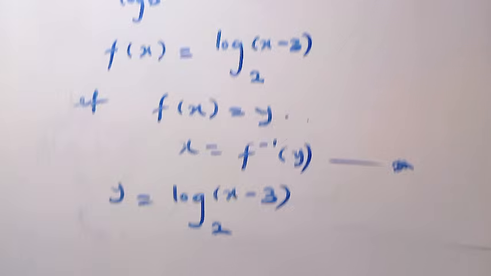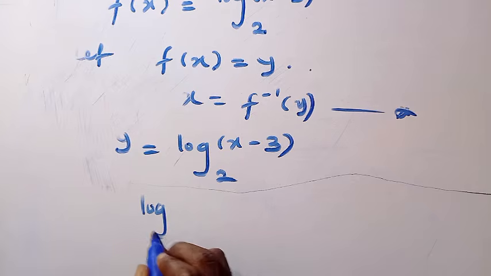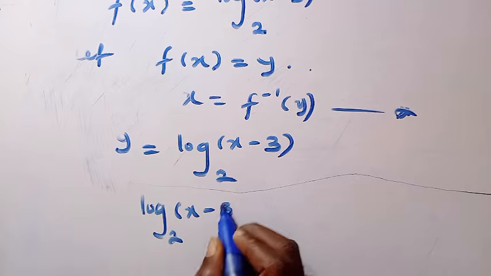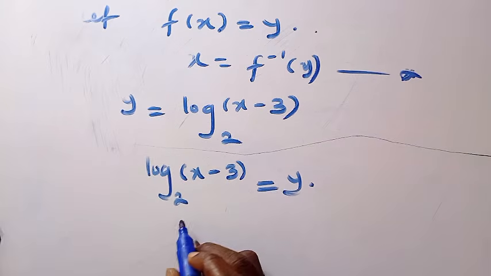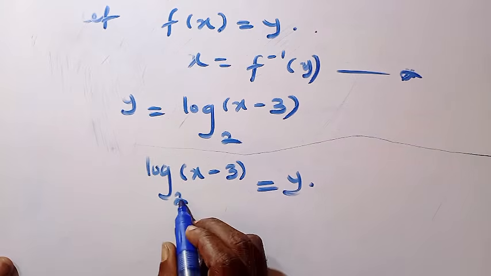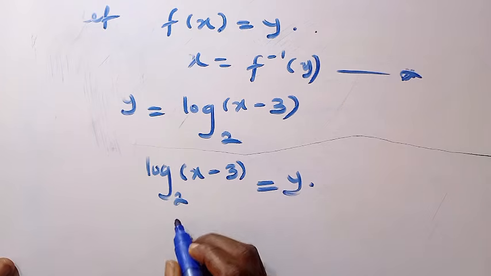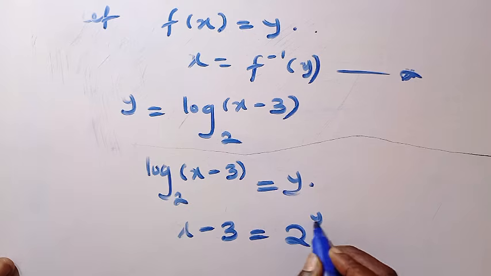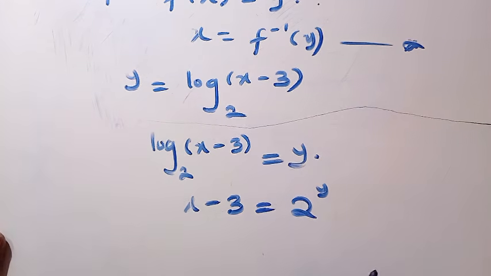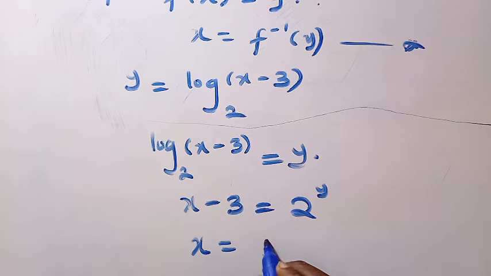We can also rewrite this as log base 2 of (x minus 3) equals y. If I write it in exponent form, 2 will be the base and y will be the power, and therefore we have x minus 3 equals 2 raised to the power of y. By making x the subject of the formula, we have x equals 2 raised to the power of y plus 3. If this is what we get for x, then let's take back the substitution.